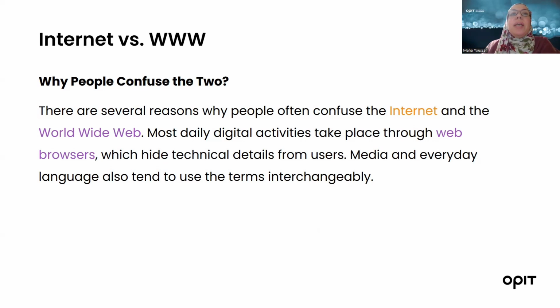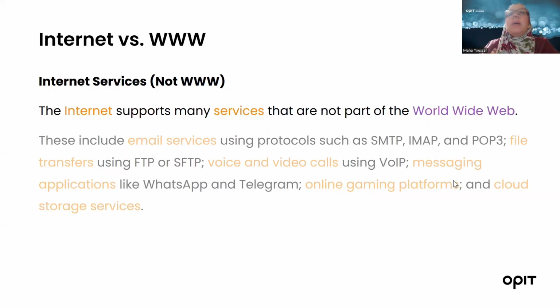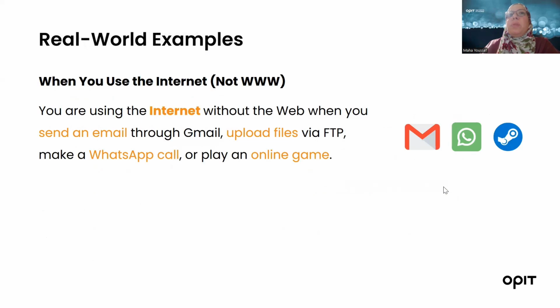Media and everyday language also tend to use the terms interchangeably. If you are writing something and the page is not uploading, you say, oh, this is an internet problem. It's not necessarily so, because we need the internet as the underlying surface for the WWW to function. That's why people are confused between them.